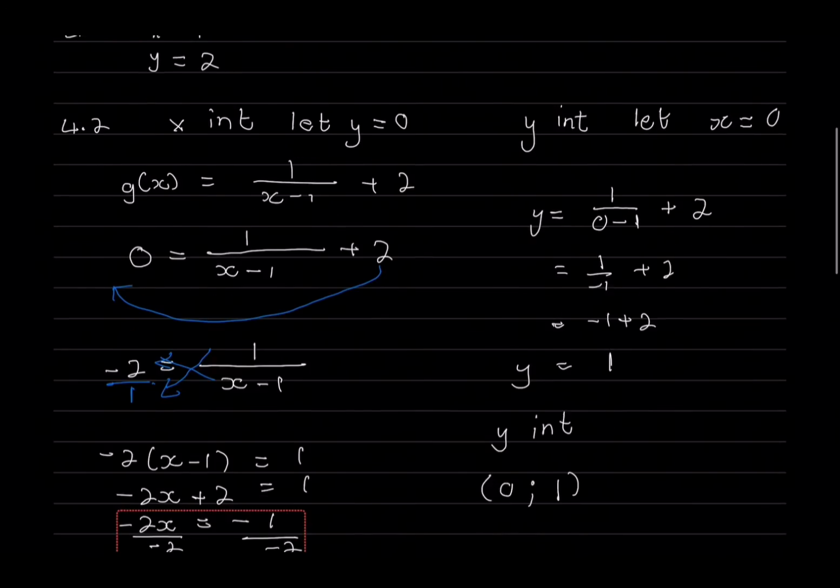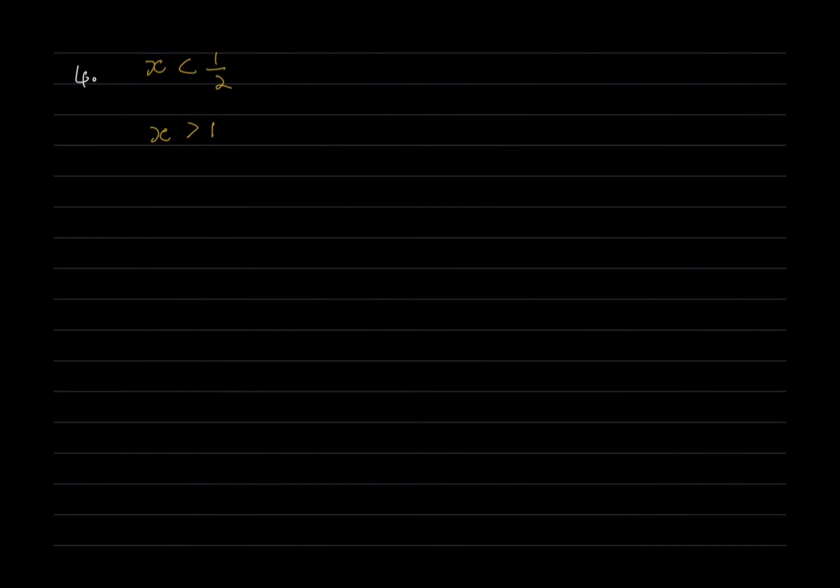And we just write it down. 4.4, y is equal to x minus 1 plus 2.